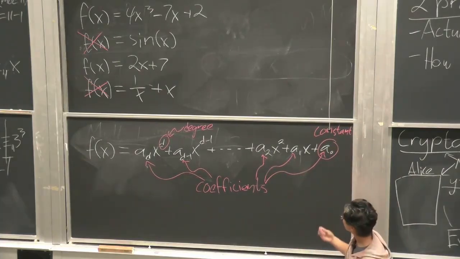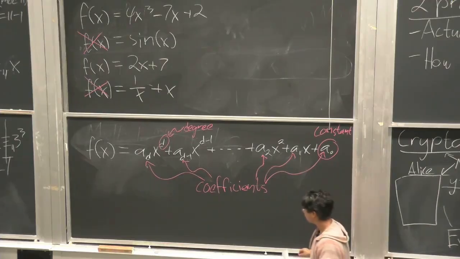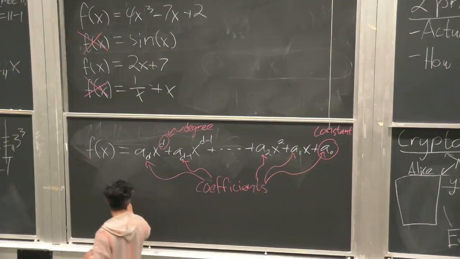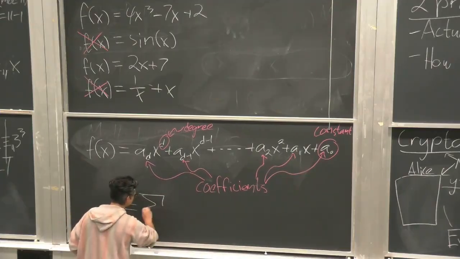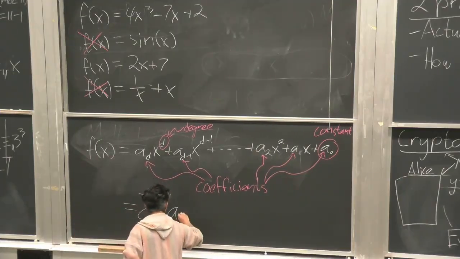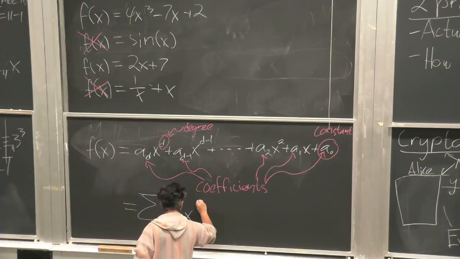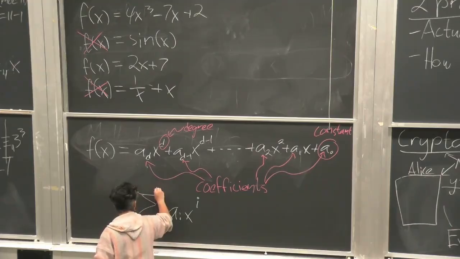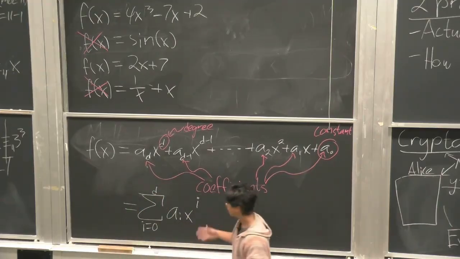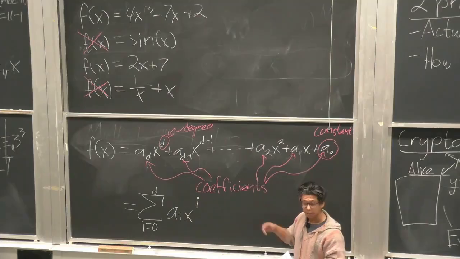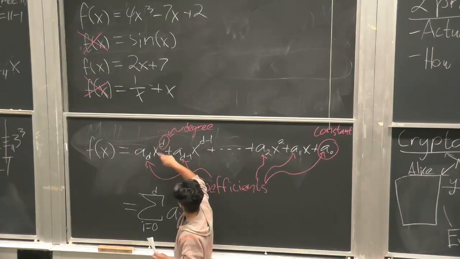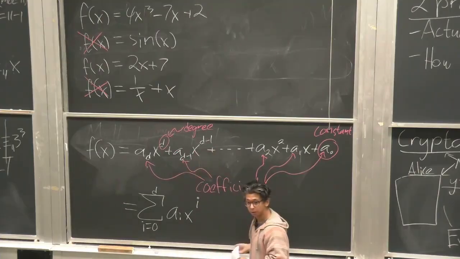But the idea is all polynomials are of this shape. You could write it in summation notation, if you like that notation: a_i times x to the i, with i going from 0 to d. Really, we're just adding up a bunch of powers with coefficients in front.